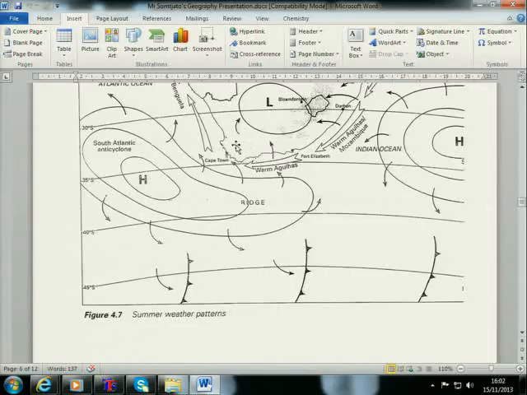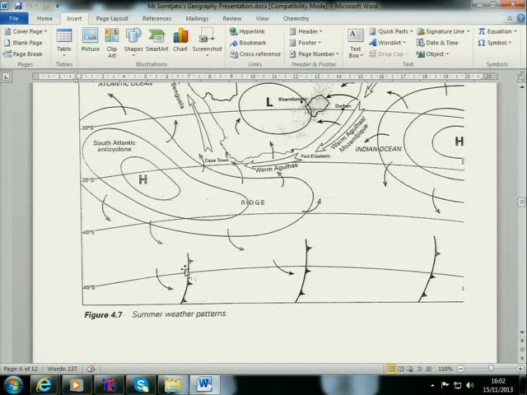It doesn't affect us. The mid-latitude cyclones in summer, in most cases, don't affect the land. Why? Because they have moved further to the south. Remember, this is because of the shifting. In summer, all the systems shift towards the south.